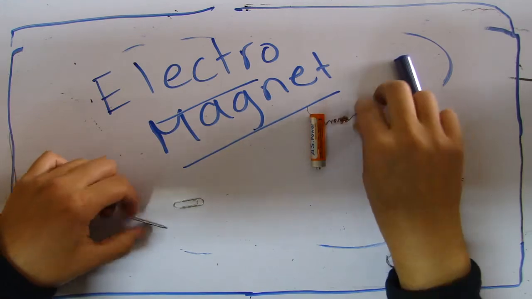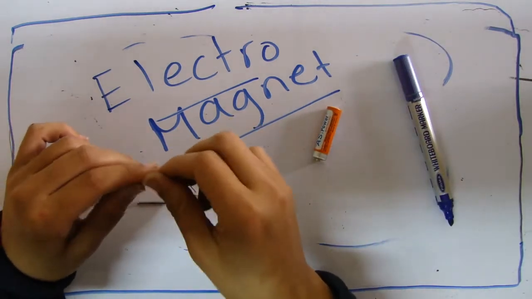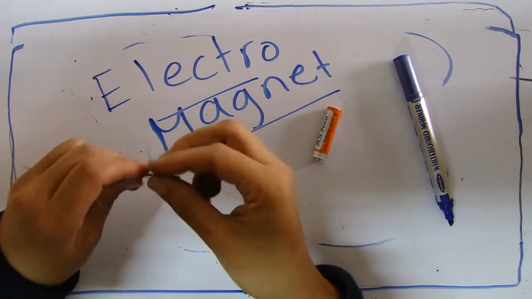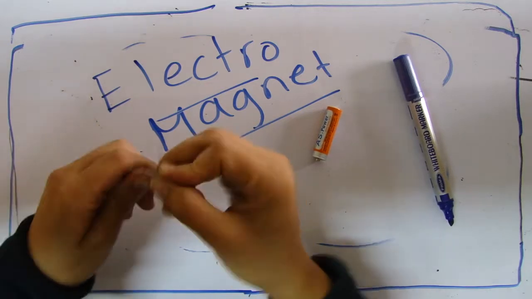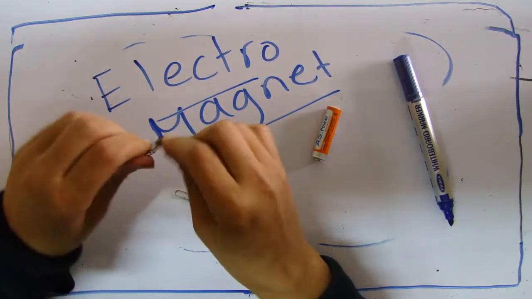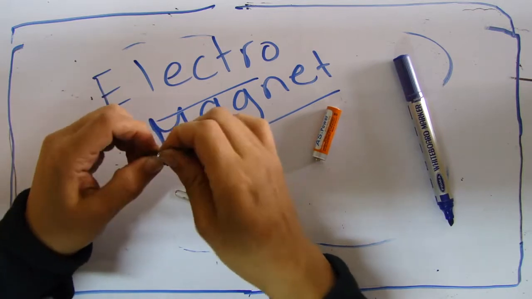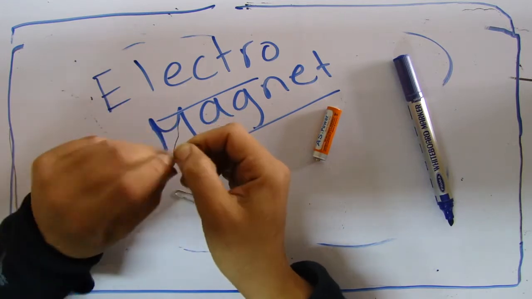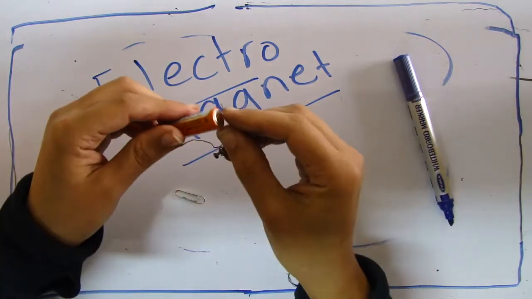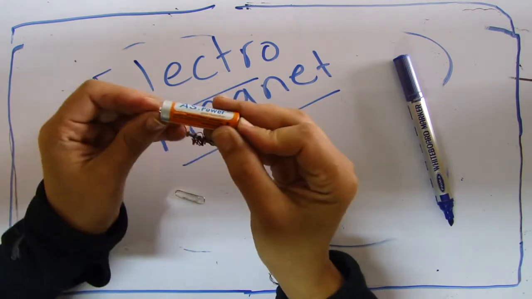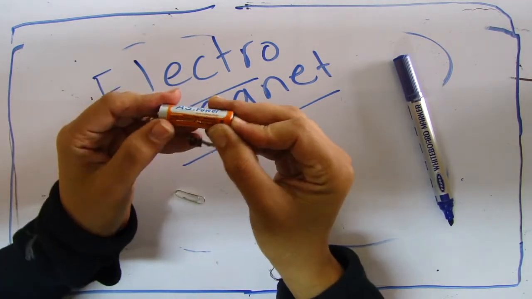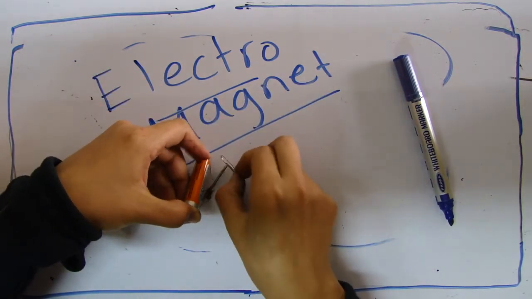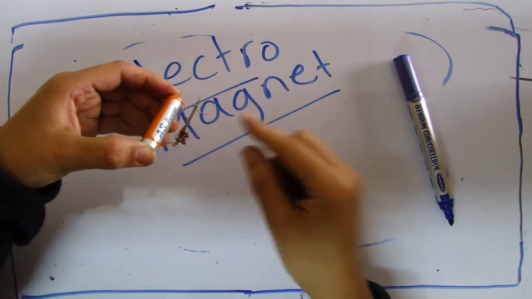But if I take the wire and connect it around the iron nail like this, and put the two sides of the wire on the positive pole and the negative pole of the battery, like this, you will see that when you approach the iron nail, it will attract the paper clips.